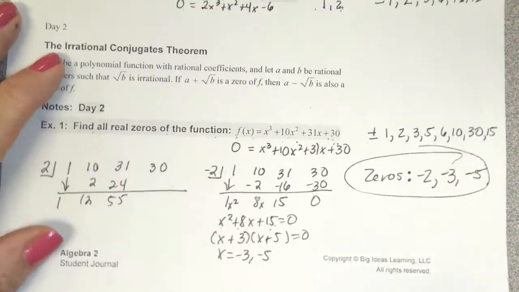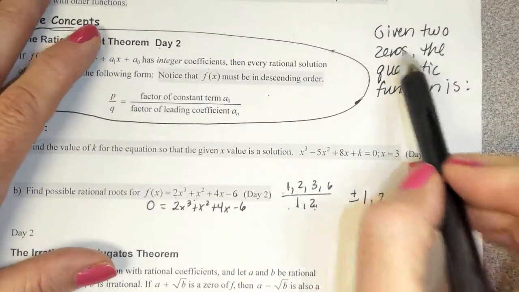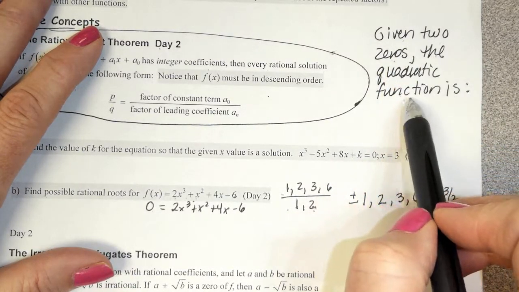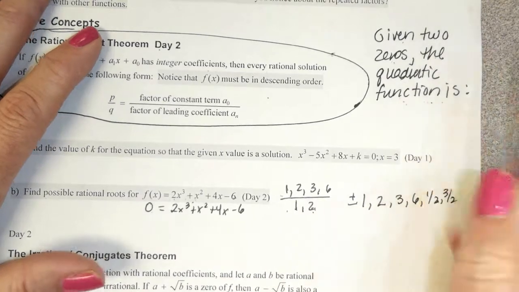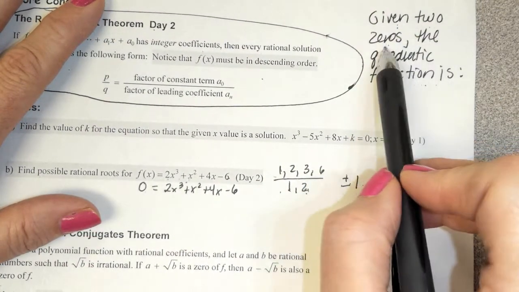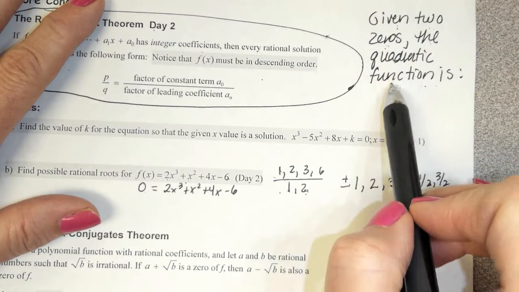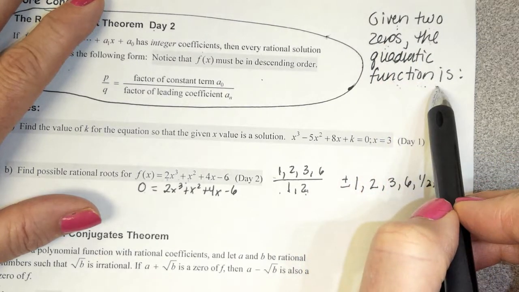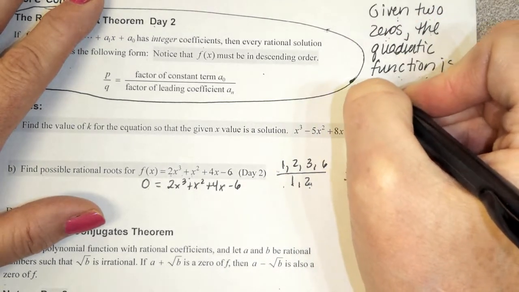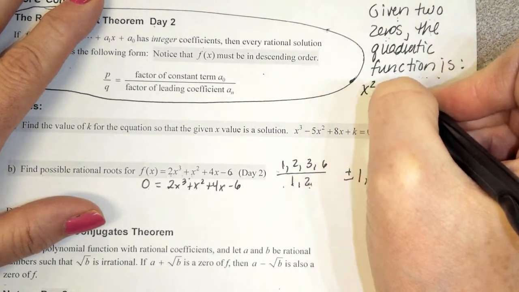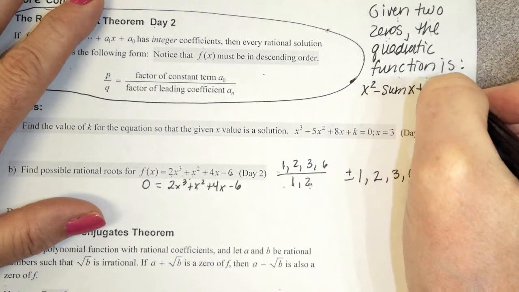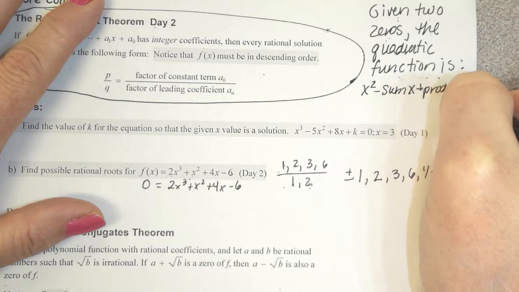Okay, guys, here's a very important thing, too. If we are given 2 zeros, the quadratic function for those 2 zeros is always going to be this. And I'll give you a second to write that down. Given 2 zeros, the quadratic function is always going to be this. X squared minus the sum x plus the product equals 0.